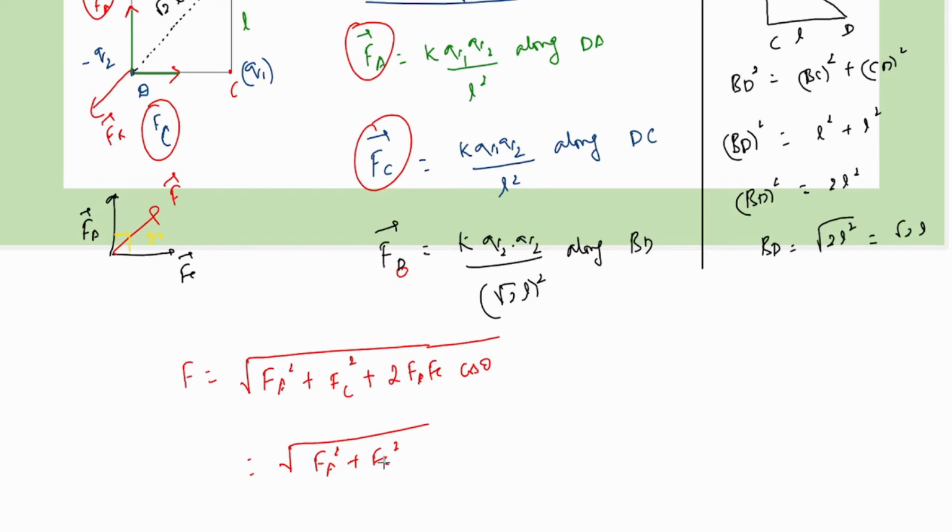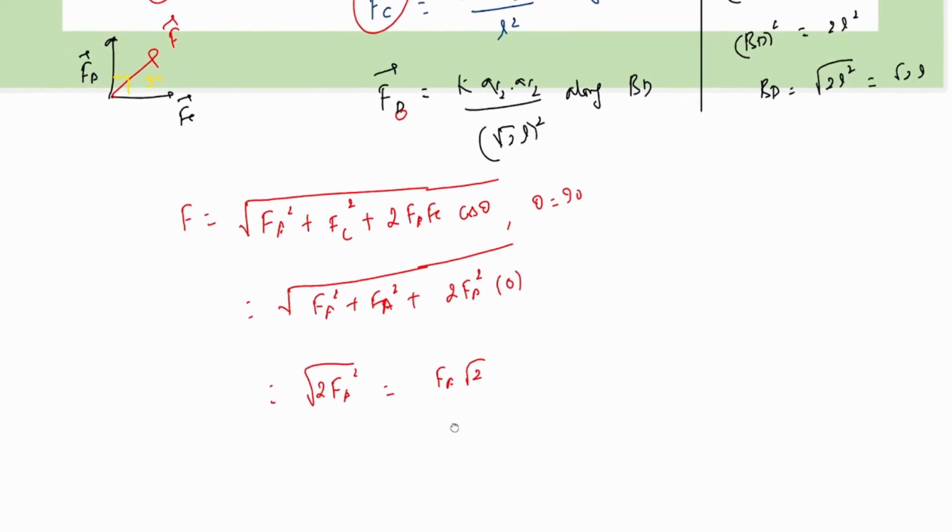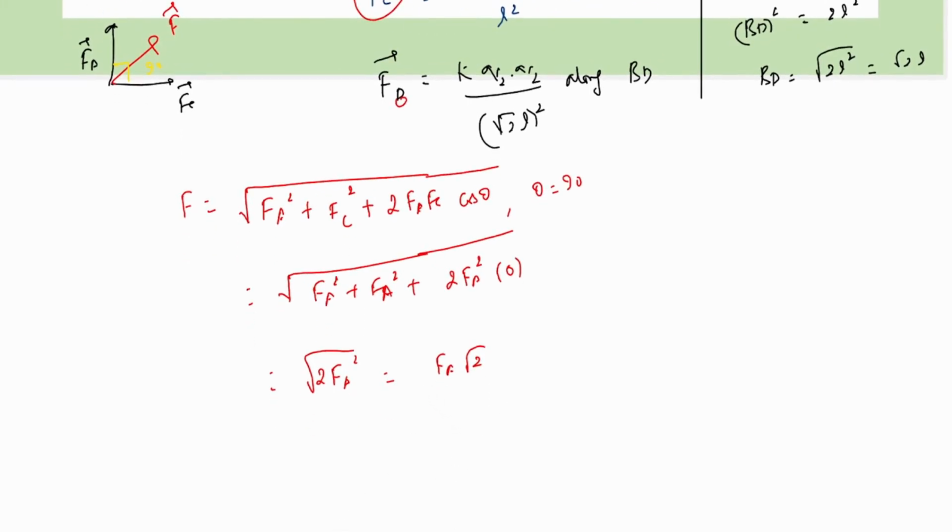So you can write this also as FA whole square plus 2 into FA square into cos 90, because theta here is 90 between FA and FC, cos 90 is 0. So this becomes into 0. So finally what you get out of these two would be 2 FA under root, which is equal to FA into root 2. So this is the net force between FA and FC.